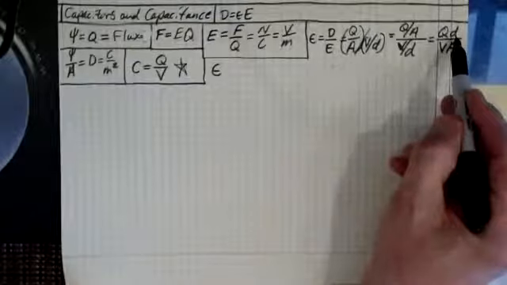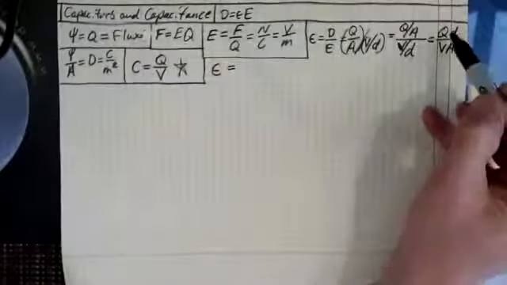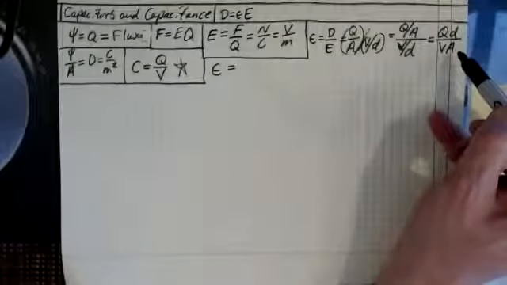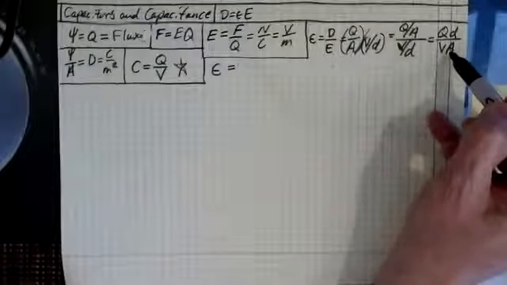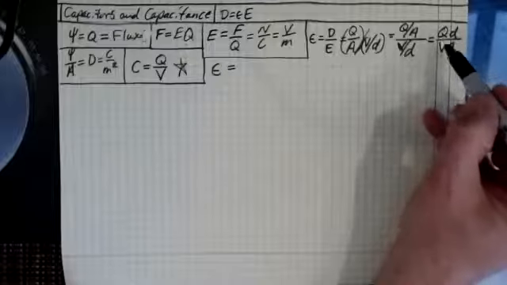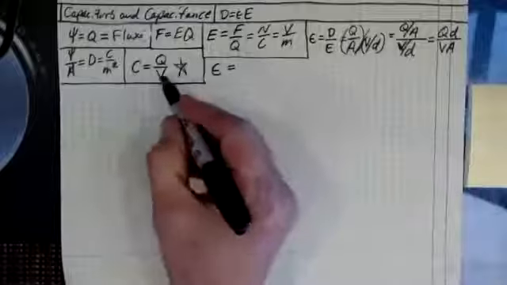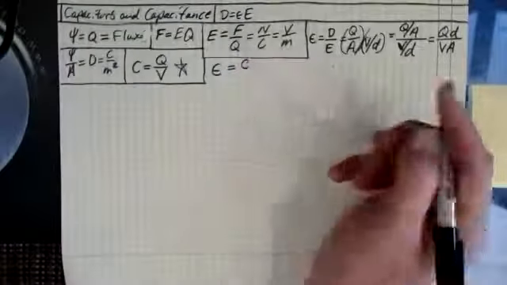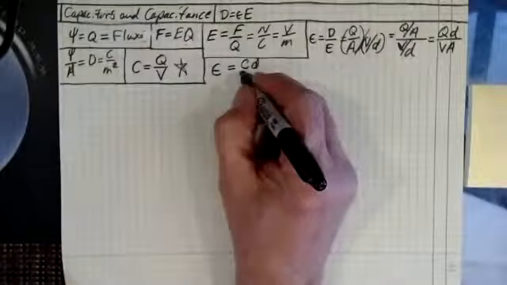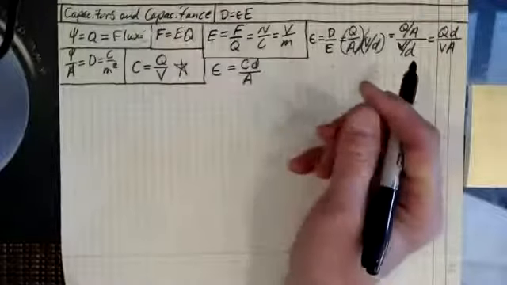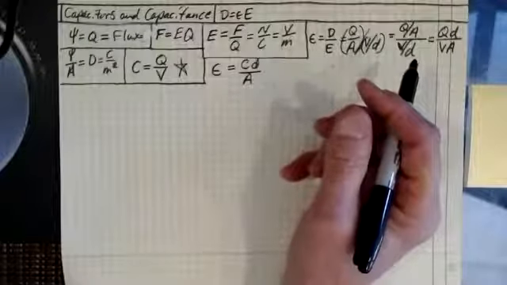So epsilon then, Q over V, isn't that equal to C? Right, Q over V equals C, so it's just really equal to C, the capacitance, times the thickness of the capacitor, divided by the cross-sectional area of the capacitor.